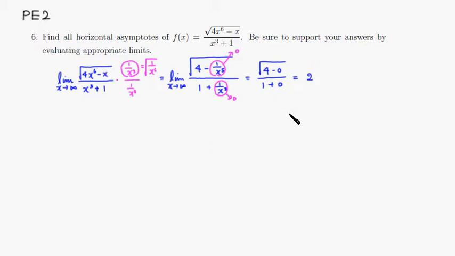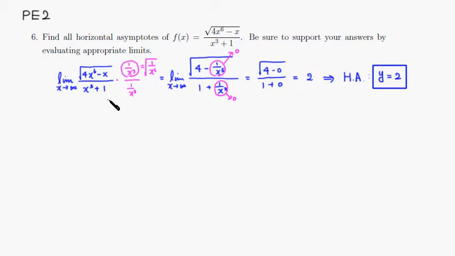This tells you there's a horizontal asymptote. The horizontal asymptote is y equals this number. A horizontal asymptote is a horizontal line, so you have to give an equation, not a value. So y equals 2 is the horizontal asymptote.